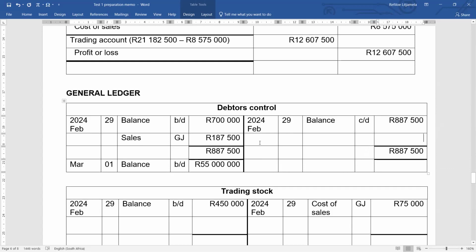And obviously that will be my balance brought down, which is 887,500. Done with debtors control.